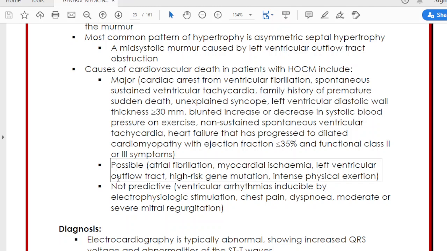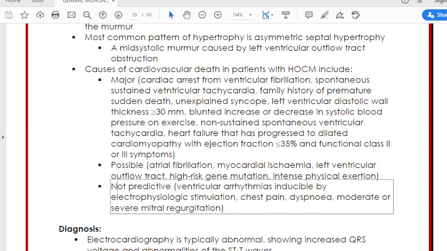Possible: atrial fibrillation, myocardial ischemia, left ventricular outflow tract obstruction, high-risk gene mutation, intense physical exertion. Not predictive: ventricular arrhythmias inducible by electrophysiologic stimulation, chest pain, dyspnea, moderate or severe mitral regurgitation.